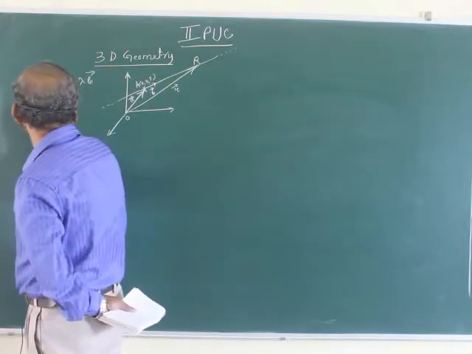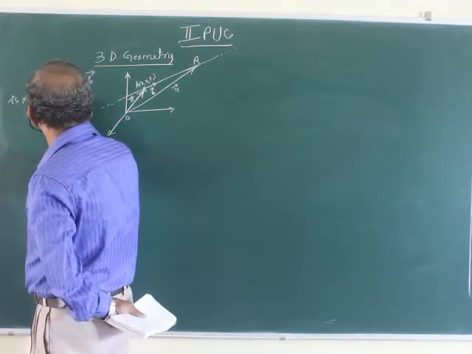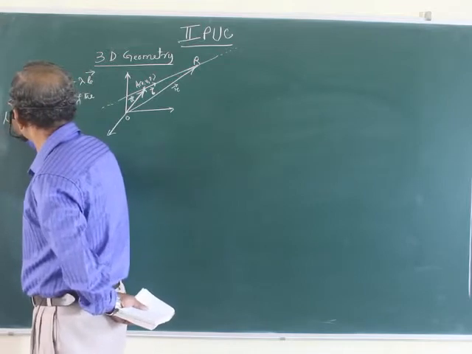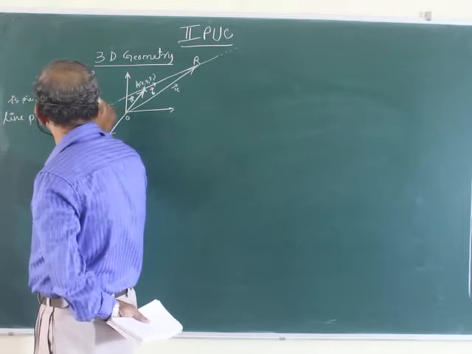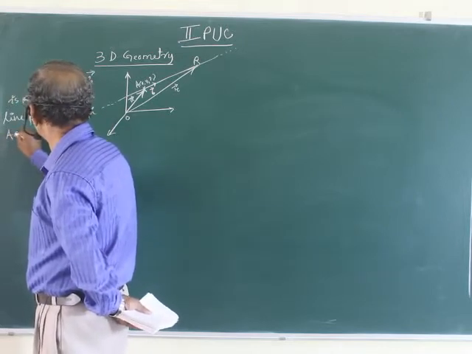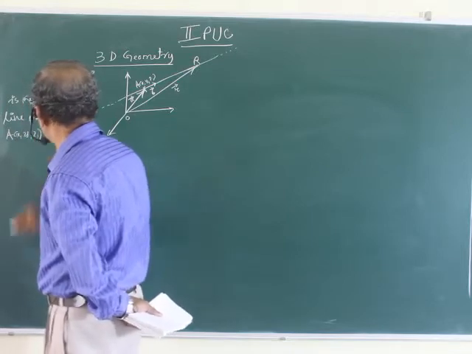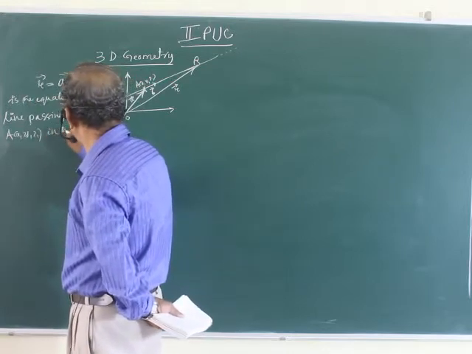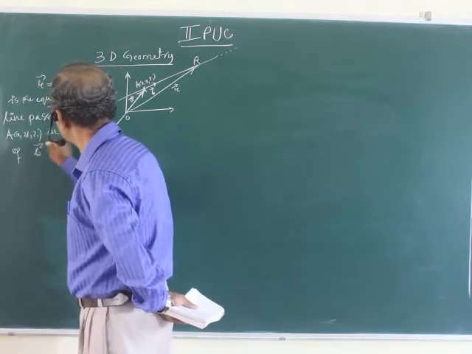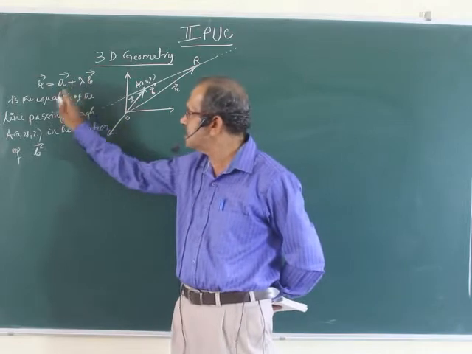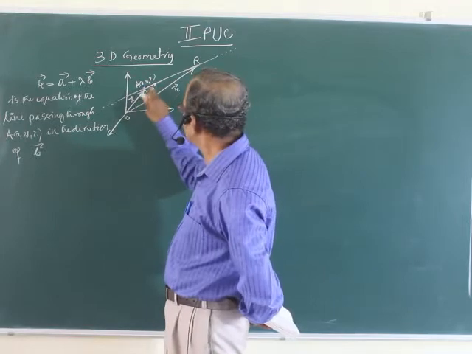So, this is the vector form, the equation of the line passing through A (x1, y1, z1) in the direction of vector B. This is the equation of the line passing through the point A in the direction of the vector B.